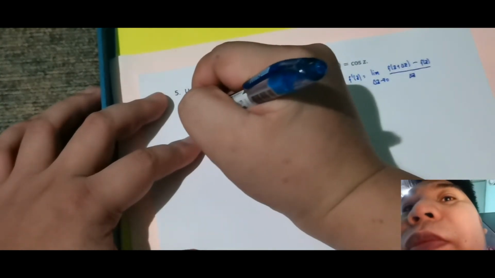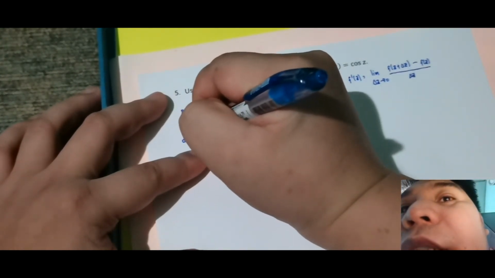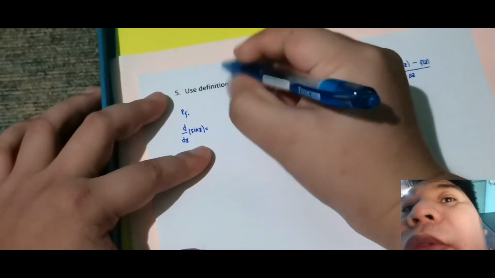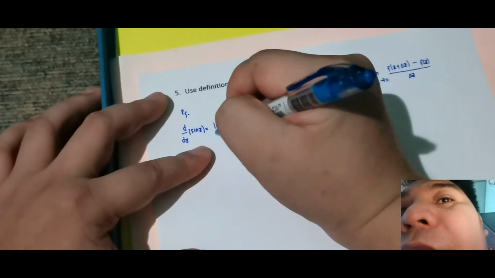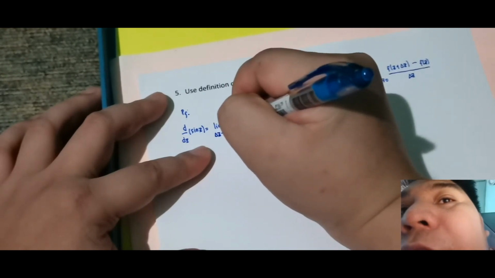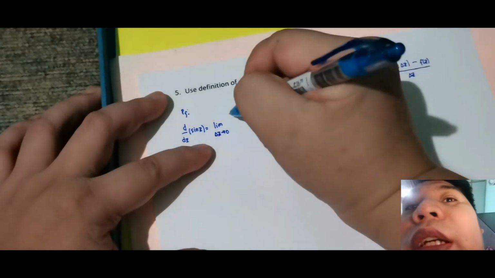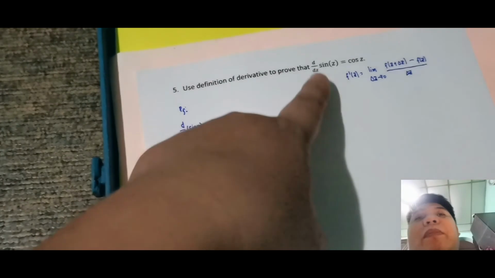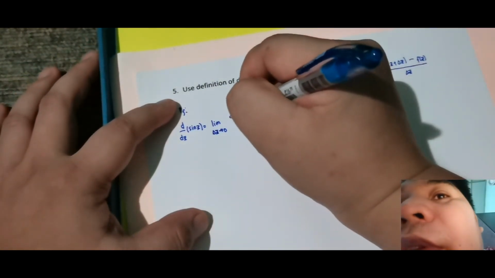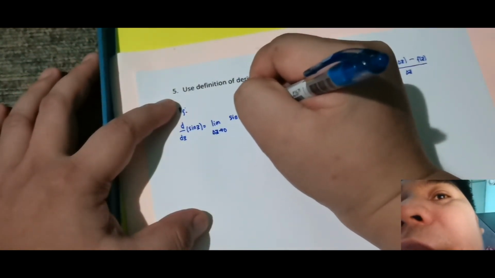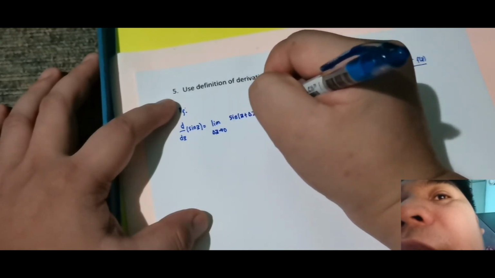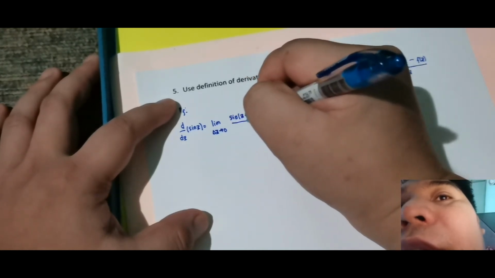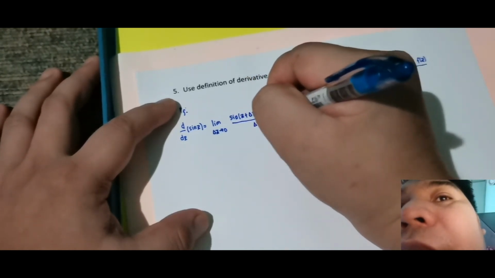Okay, so the derivative with respect sa z ng sine z ay equal sa limit as delta z approaches 0 ng f of z, so since f natin is sine, this is sine of z plus delta z minus sine z all over delta z.